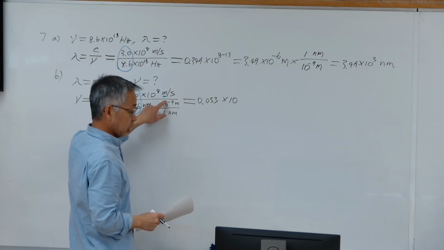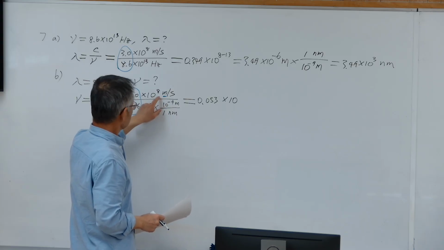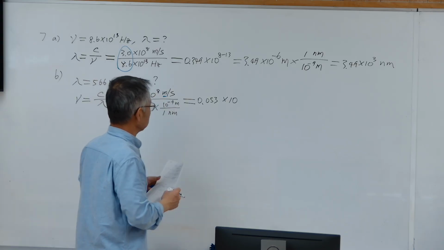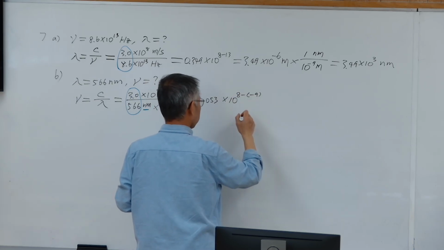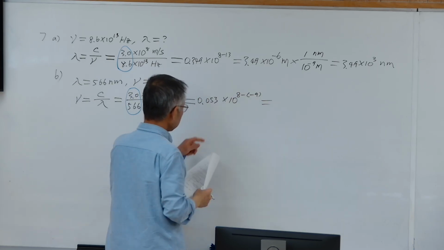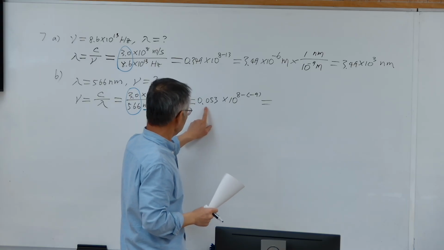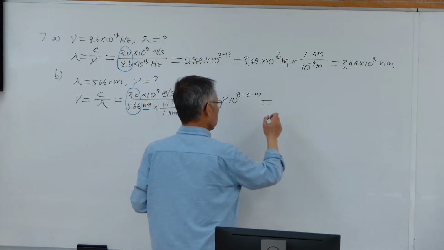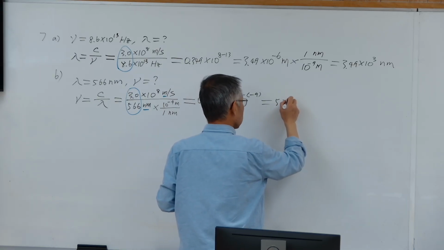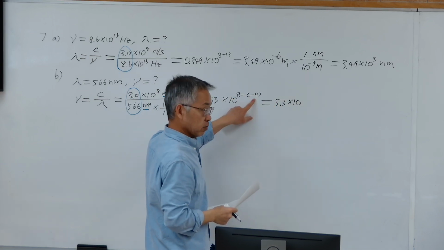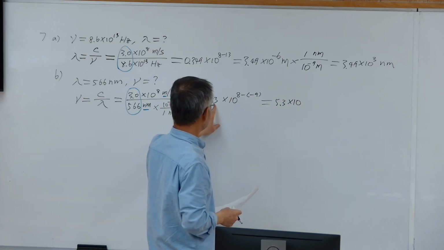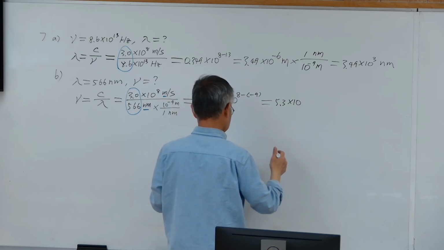Division is minus. So 8 minus -9 is 17. And here, much less than 1, so we need to move 2 decimal places, then reduce 2 from here. 17 reduce 2 is 15.